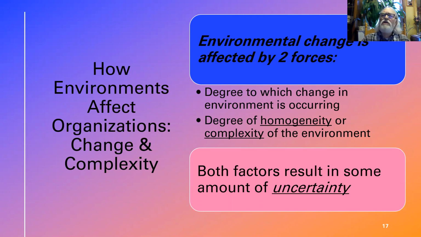Or is it something that is fairly homogeneous where it's similar, it's stable all the time, things are very predictable and so forth? So these two things really do affect environmental change. And when we look at these two forces, the degree to which the change is occurring in the environment, and then whether or not it's homogeneous or it's complex, result in that uncertainty that I've talked about.